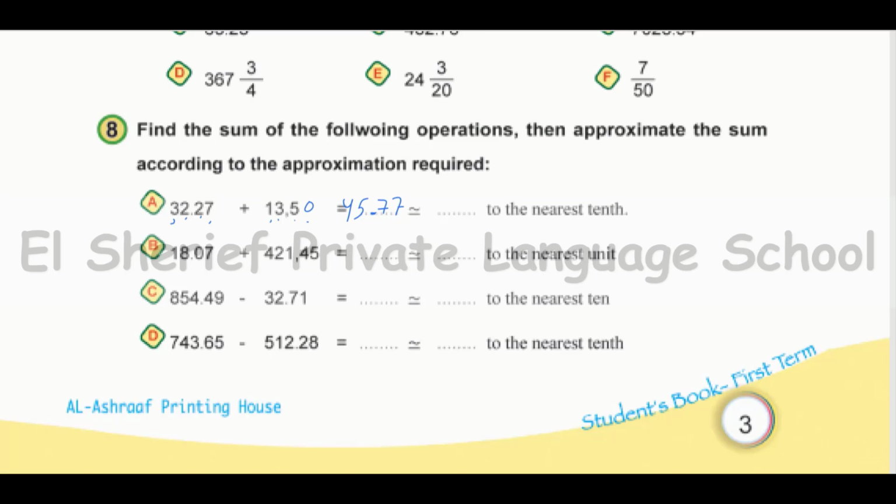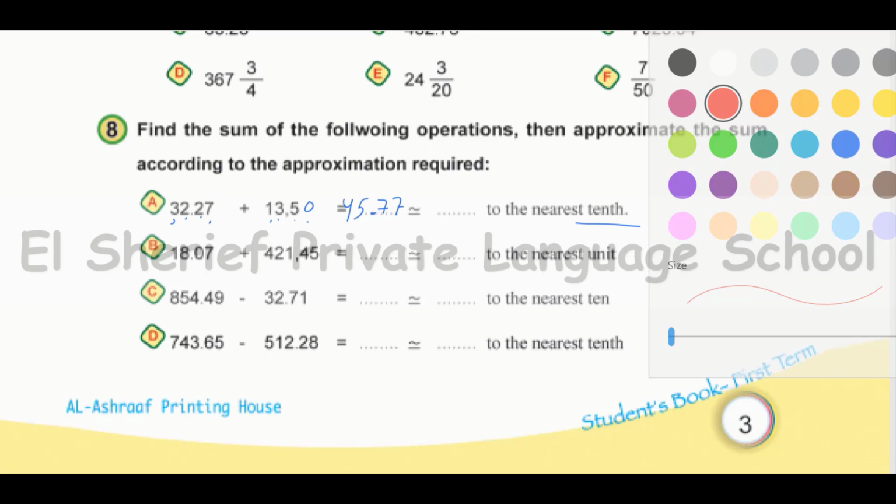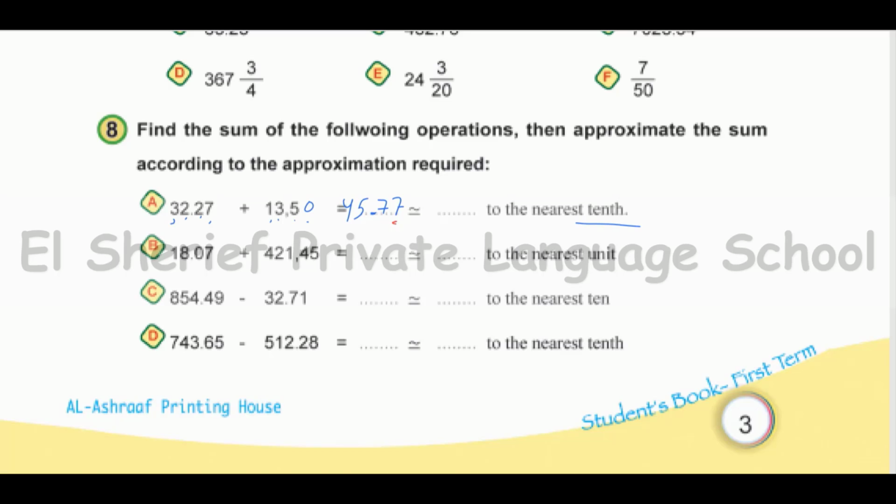Then it says approximate to the nearest tenth. So we look at the hundredths place. We have 7. 7 is more than 5. So 7 becomes 8 and complete the number, removing all numbers from the right.